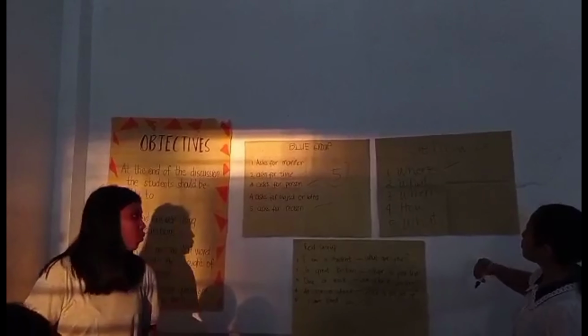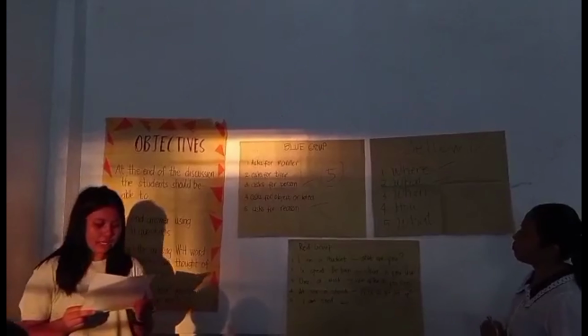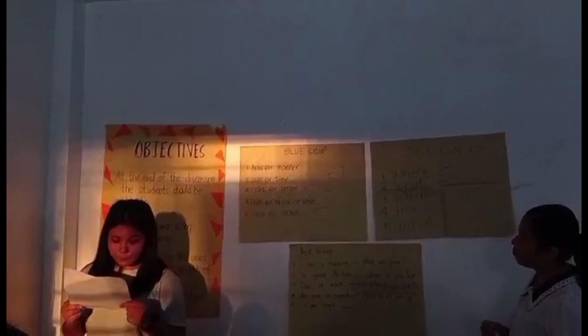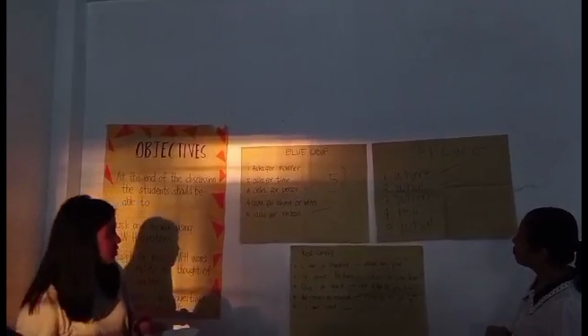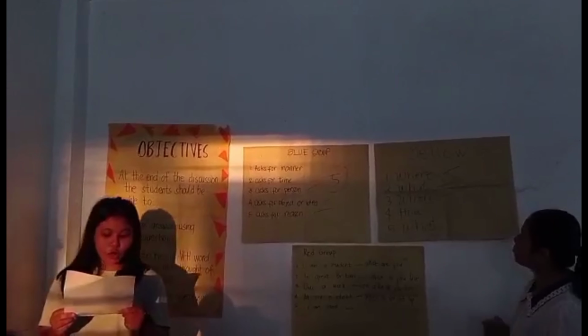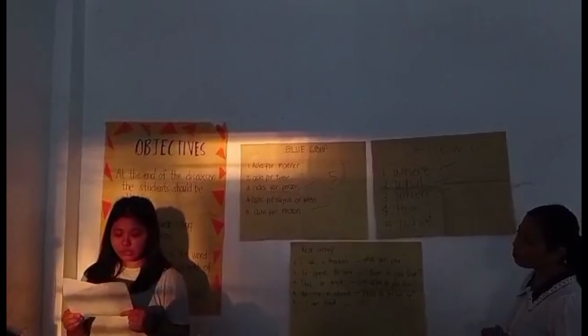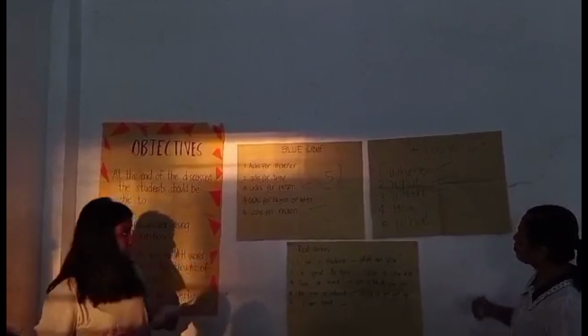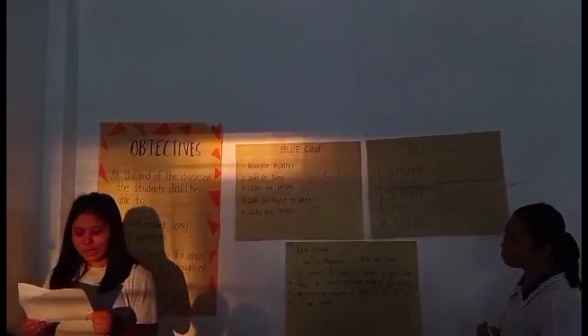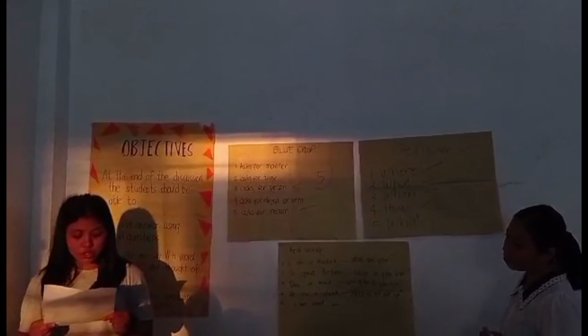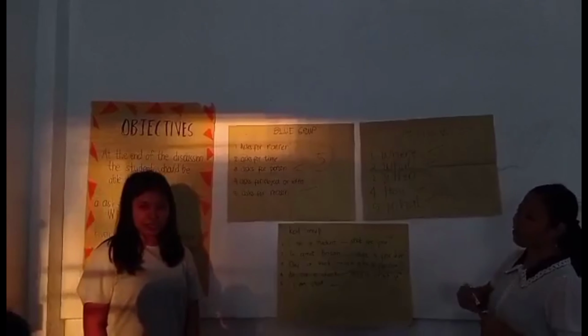Our answer is what. Number 3, blank does the spring begin? Our answer is when. Number 4, blank many books are there on the table? Our answer is how. Number 5, blank time do you usually have dinner? Our answer is what. And that's all. Okay, thank you. Very good.